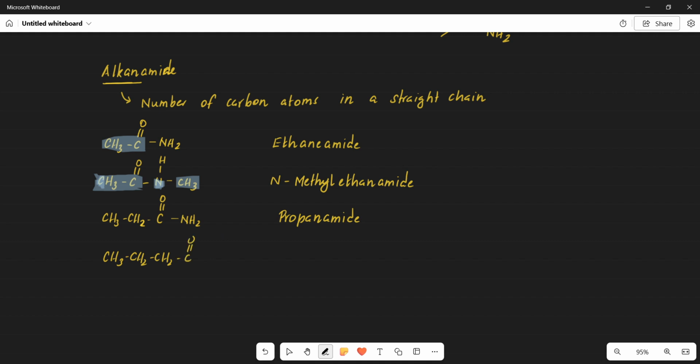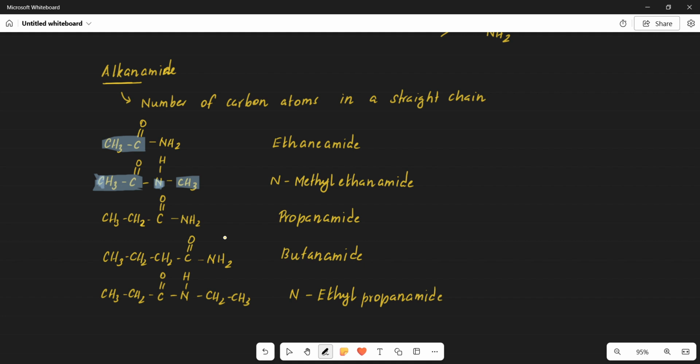So here I am having 4 carbons, including the carbon with a double bond O. So it is butanamide. I can have this also. Now the nitrogen is connected to a 2 carbon branch, N-ethyl, and there are 3 carbons in the longest straight chain, propanamide.